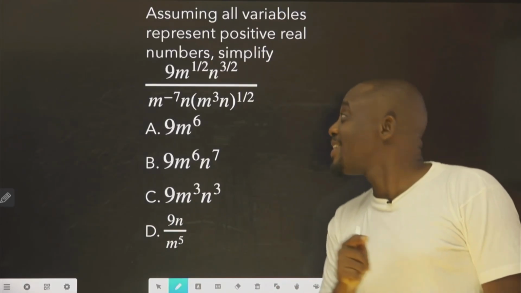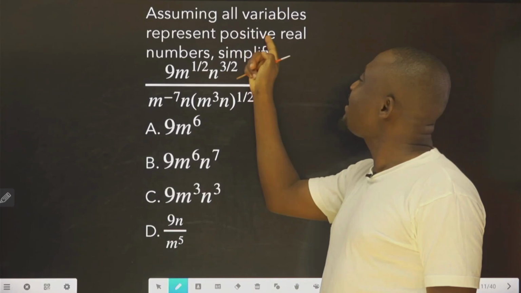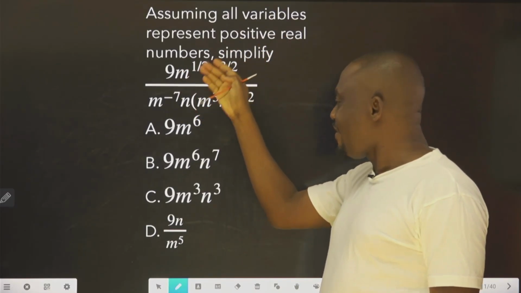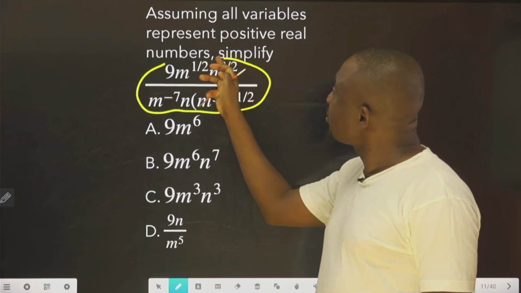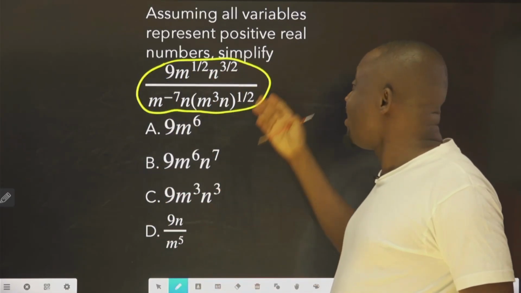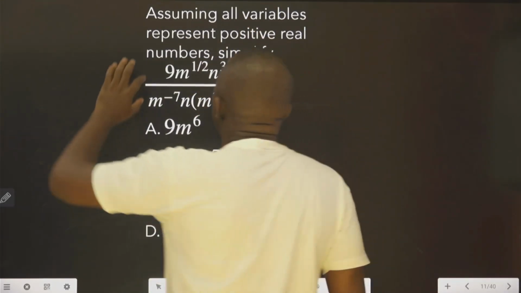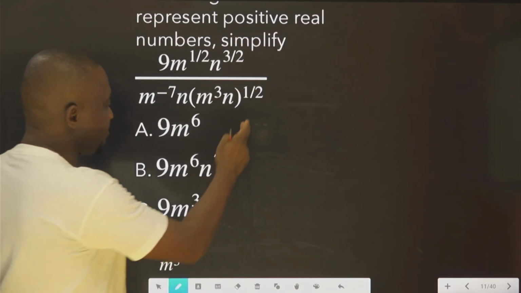Let's look at this. It says, assuming all variables represent positive real numbers, simplify this. Indices.